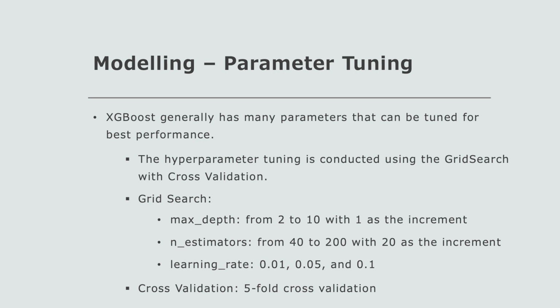And then the number of estimators is from 40 to 200 with 20 as the increment. And last I had learning rate, which could be 0.01, 0.05, or 0.1. And for the cross validation, I used 5-fold cross validation.